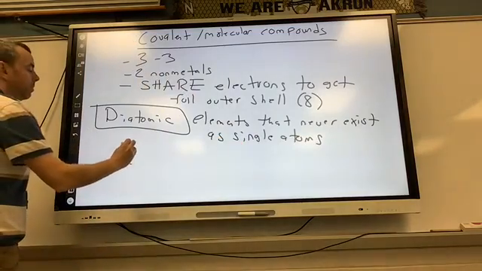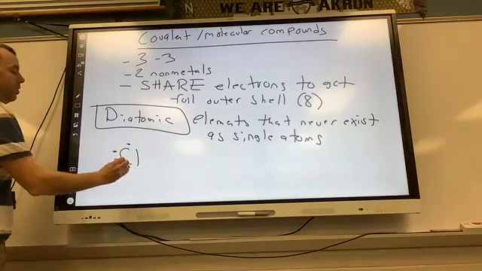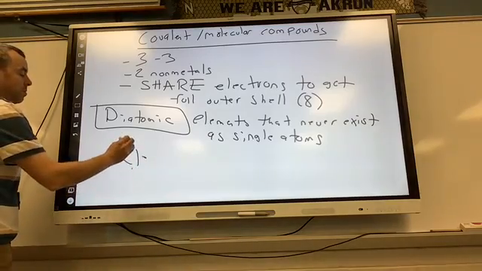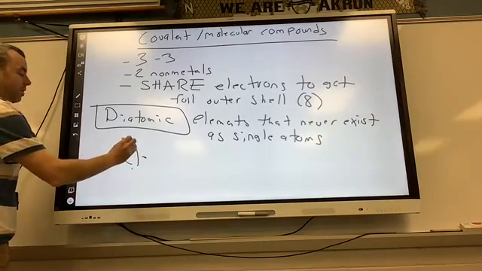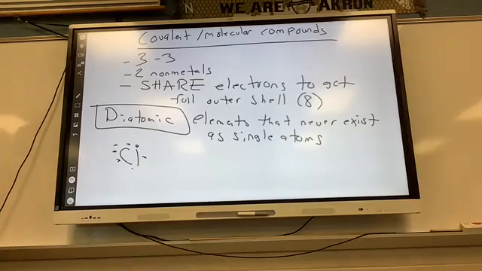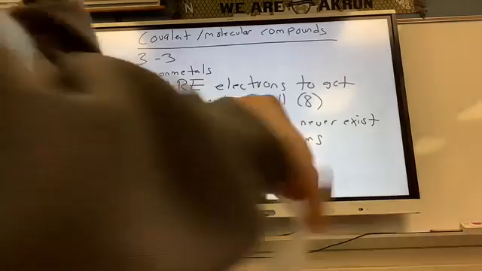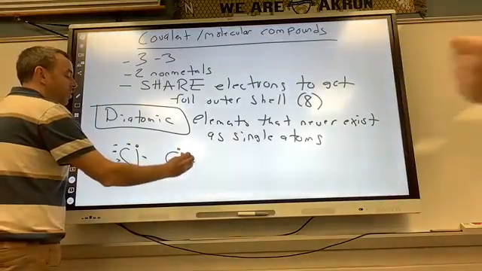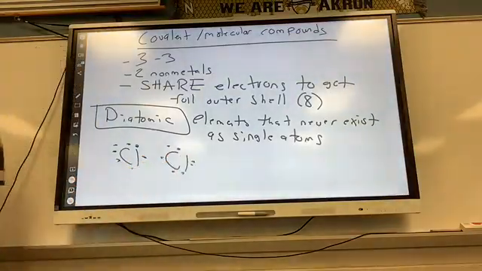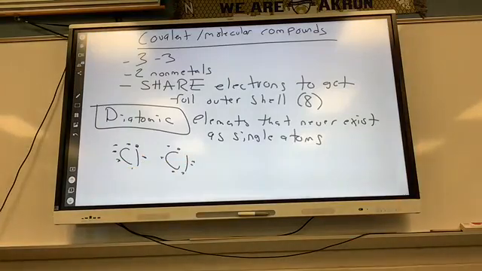Here's chlorine. It has 7 dots. Let's draw another chlorine beside that, also with 7 dots. You would agree that that's the Lewis dot structure for chlorine.